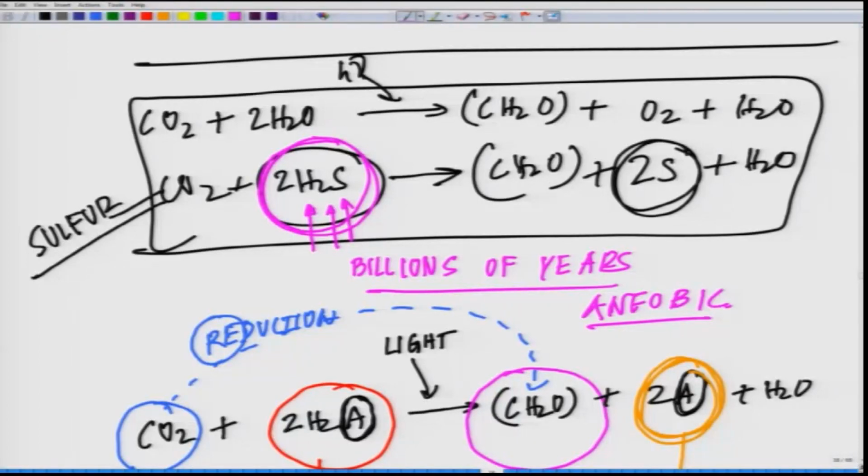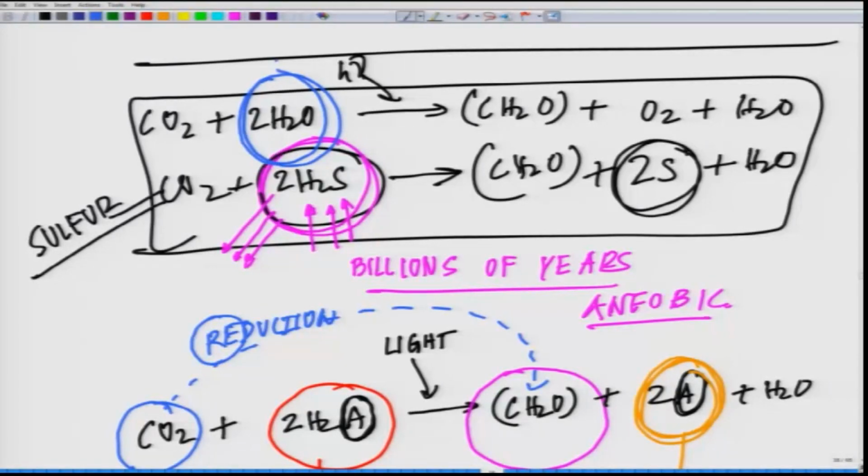But then, as the earth was cooling down, as I told you in one of my previous lectures, hydrogen sulfide and all these things were lowering down. So nature had to search for another perennial electron source, and that's where nature picked up this wonderful molecule, water.